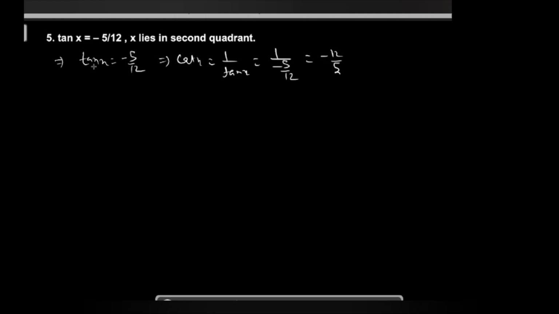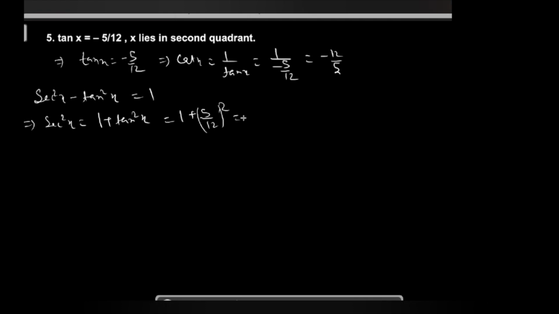Now given tan x, can you get sec x? So sec square x minus tan square x equals 1. So sec square x equals 1 plus tan square x, which is 1 plus (minus 5 by 12) whole square, which will be 1 plus 25 upon 144.